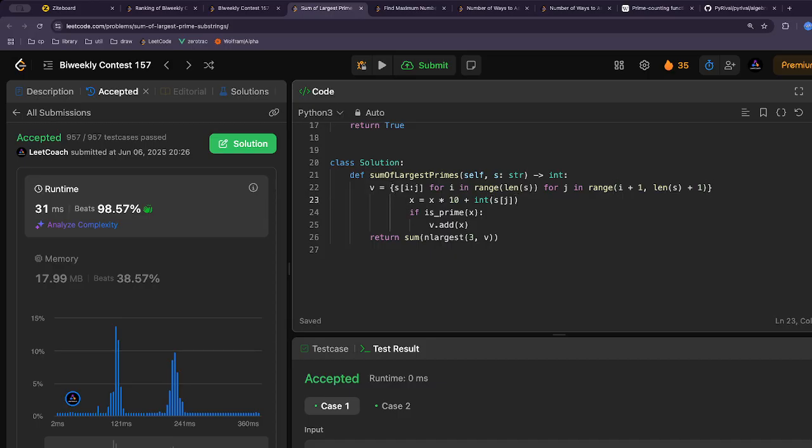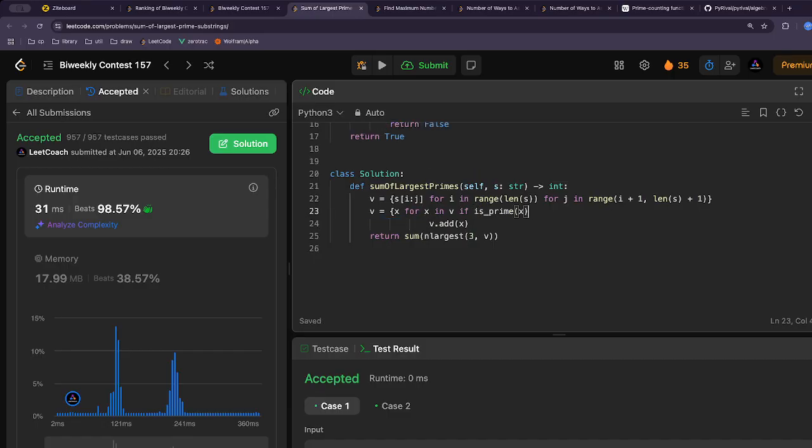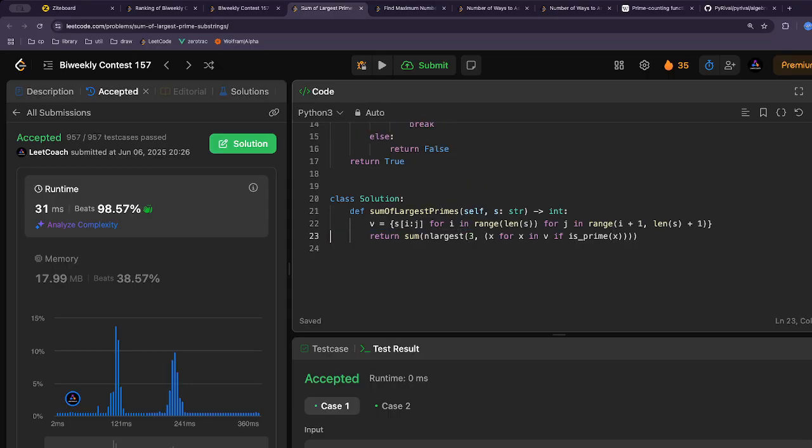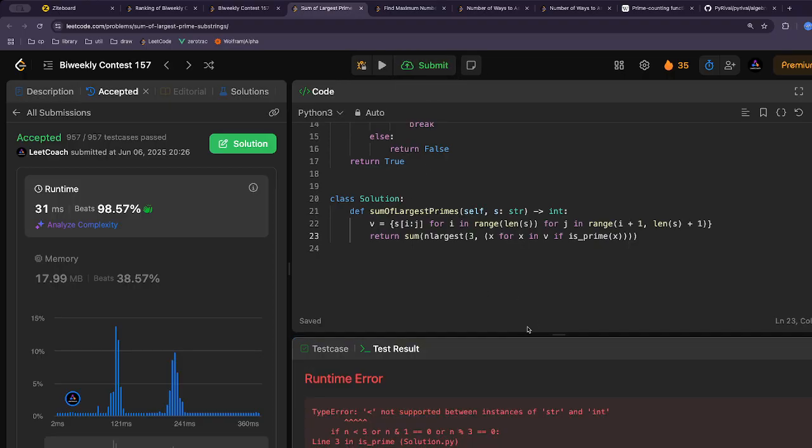And then we only test for primes. Yeah, this is probably not going to make a difference, but let me try it.